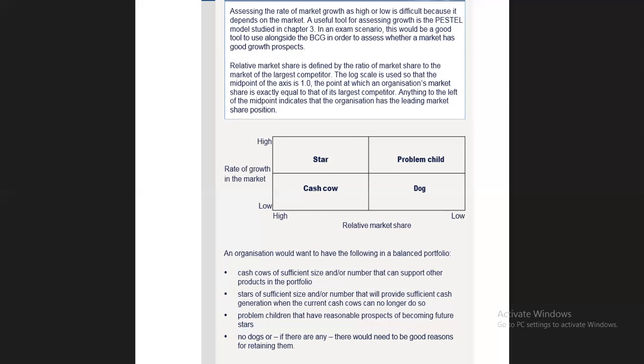If the growth is high but currently they are giving low profits and low market share, this is called a problem child. This is called a problem child because you are injecting money but it is not materializing in the current period, so it will lead to losses.